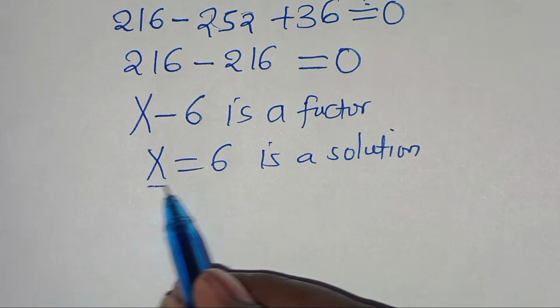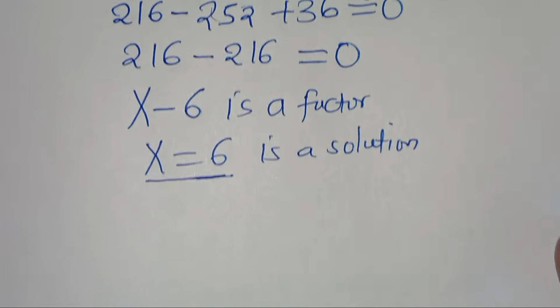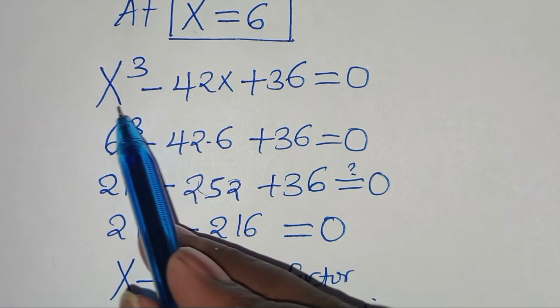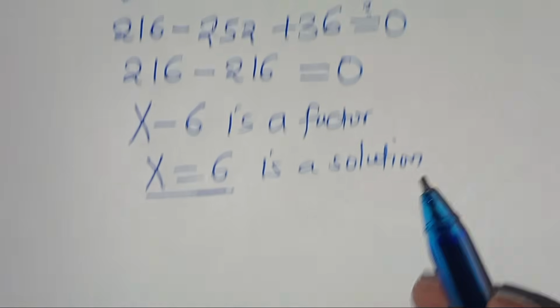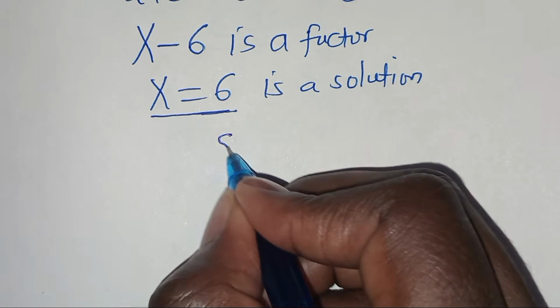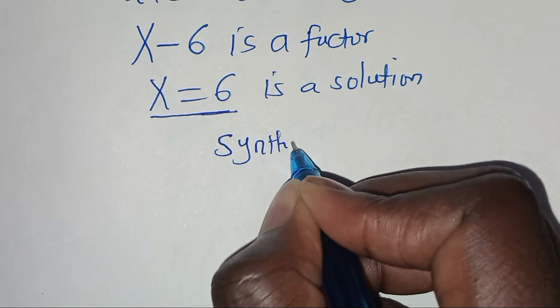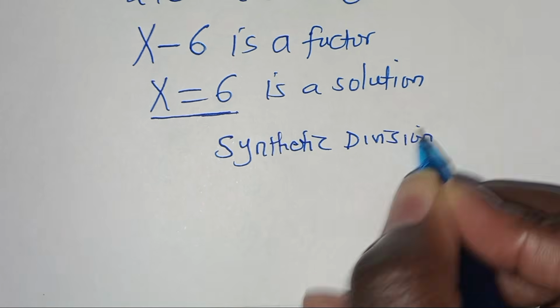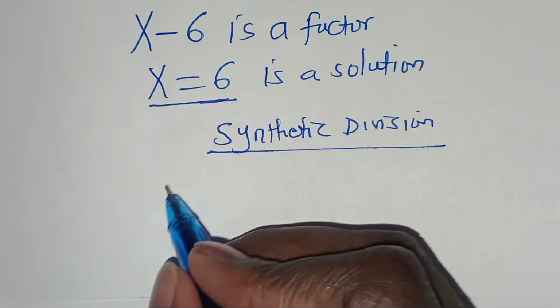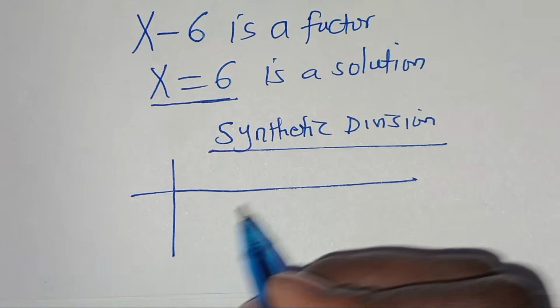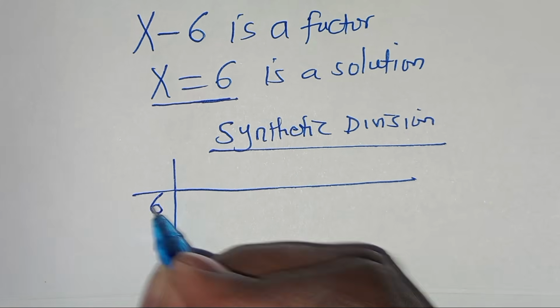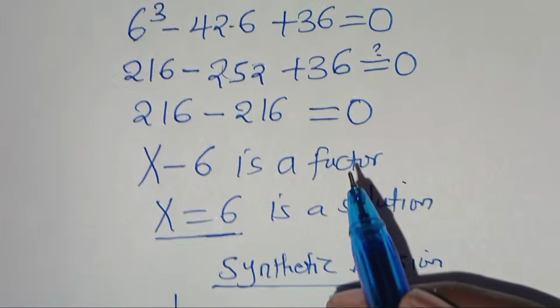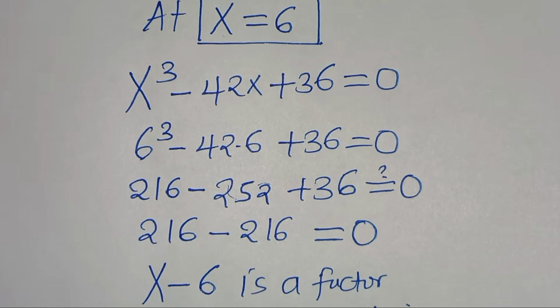Now, since we have x equal to 6 and this cubic equation here, we can proceed to use synthetic division to solve for the other values of x. So we have x equal to 6, and then we have the coefficients of this cubic equation here.